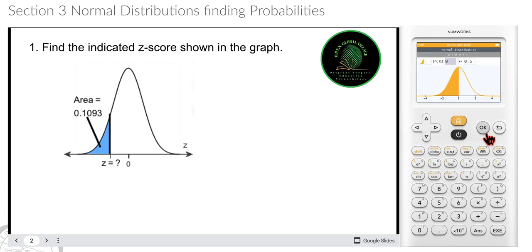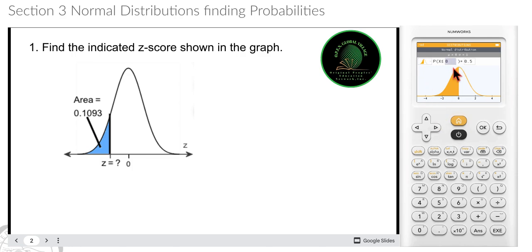We know the area is 0.1093, or 10.93%. Remember, we have three different tools: below, between two values, and above. For this one, we're going to use the below.